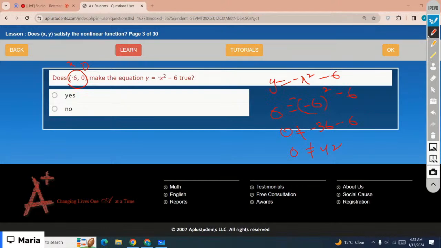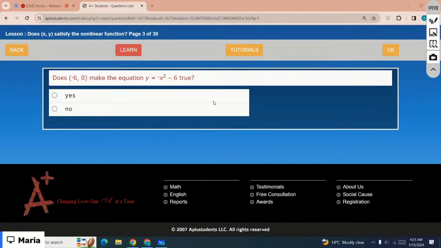So that means the point is not the solution of the given equation. Got it? The correct option is no.